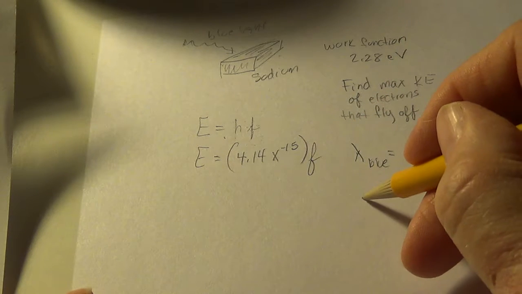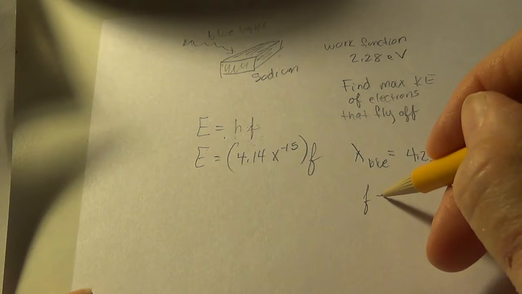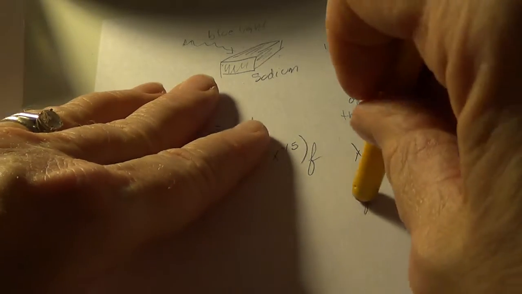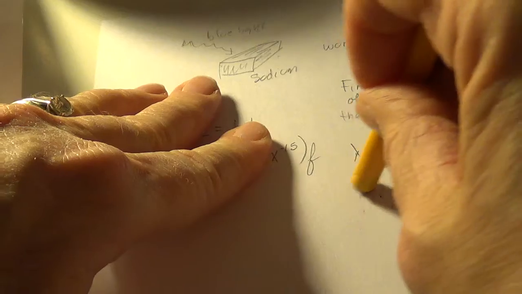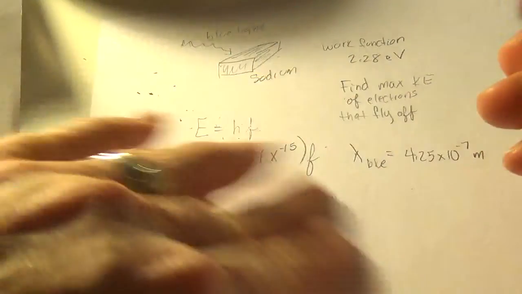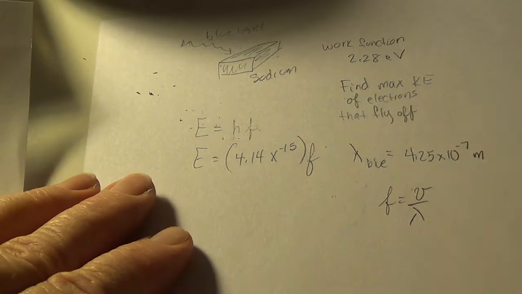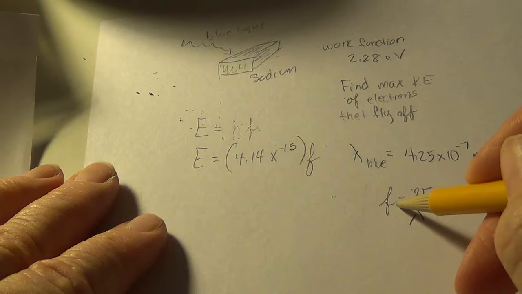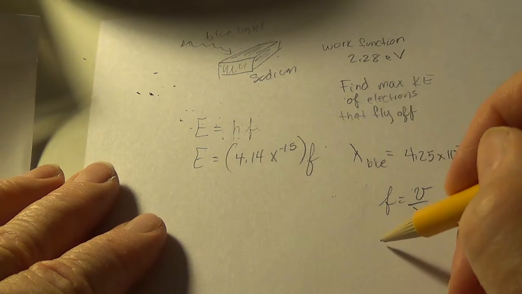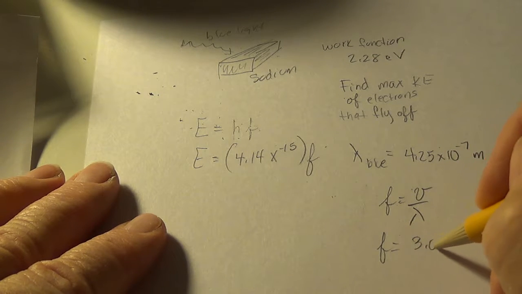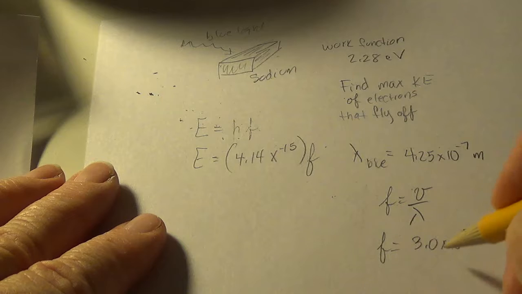So we have to grab the other equation, since we like to dance between equations. We know that frequency equals velocity over lambda. So the frequency is what we need, so we're going to have to calculate it. Velocity, since it's light, is 3.0 times 10 to the 8th.